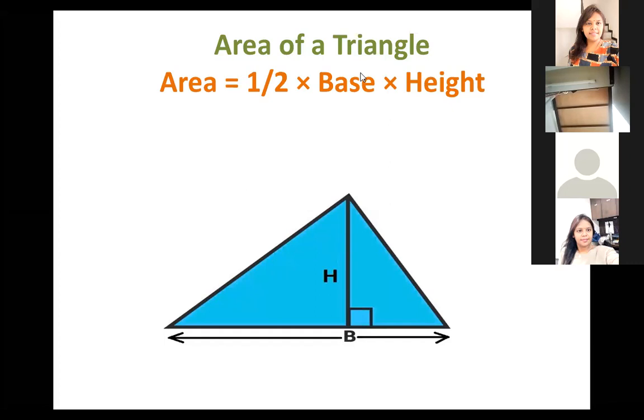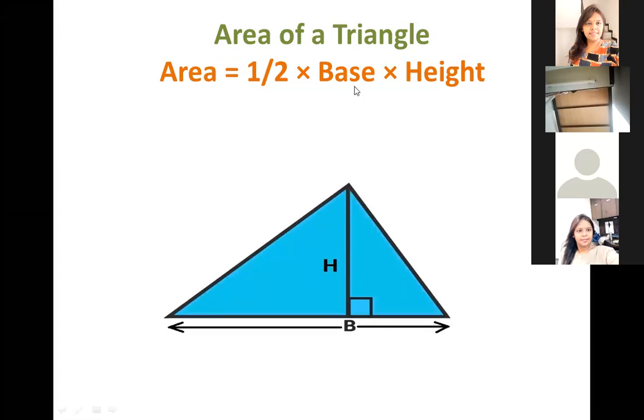Base is B, and height is H. So this is the first formula for all of you. Always remember, take a screenshot if you want, and I will send you the PPT. Area of every figure is measured by a different type of formula.